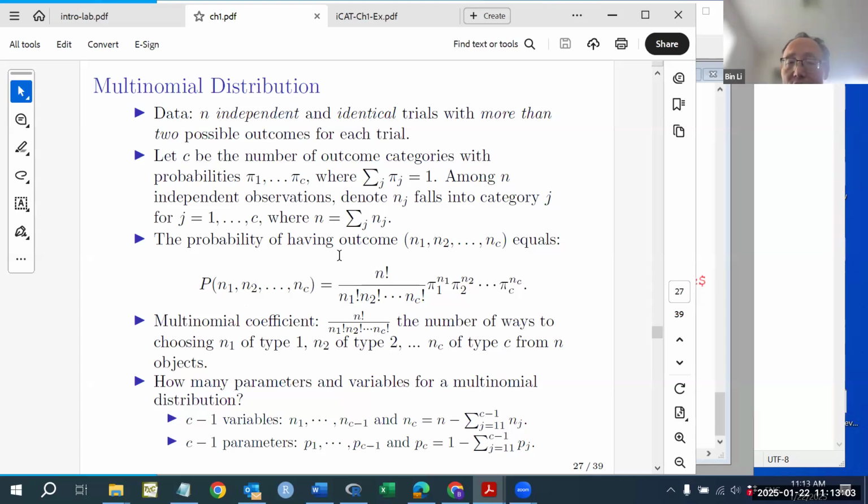And this coefficient is called a multinomial coefficient. That's the number of ways to choose n1 of type 1, n2 of type 2, up to nc of type C from n objects.